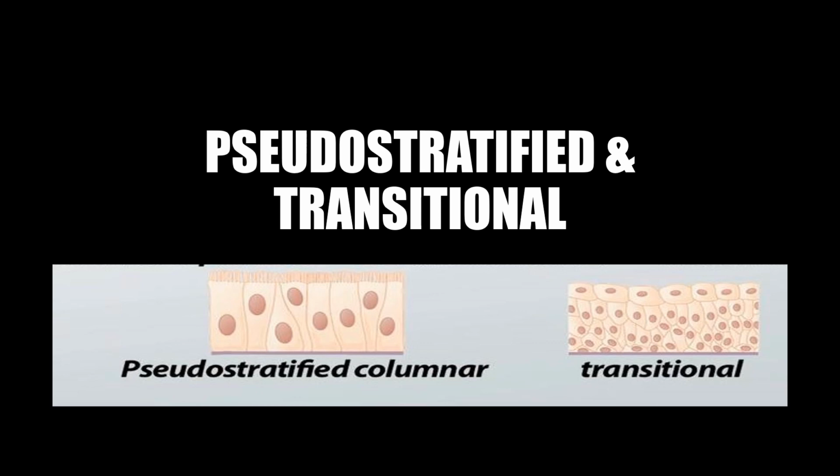But when the bladder distends and is full, then the surface cells tend to flatten out. So in other words, the epithelium goes through a transition. It all depends on the state of the bladder, if it's full or if it's empty. So that's why it's given the name transitional.